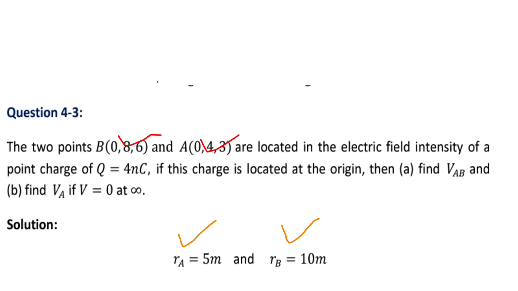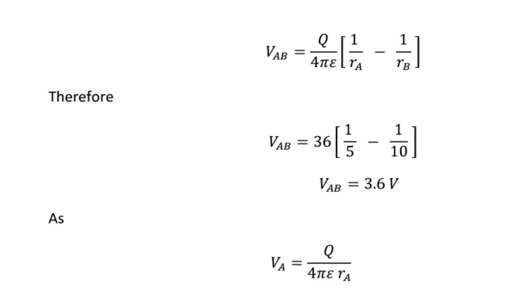We know that the potential difference due to a point charge is given by the first equation. So the voltage between point A and B due to the point charge will be equal to Q divided by 4 pi epsilon, here epsilon naught will come. We will assume that everything is in free space. Then we have 1 over RA minus 1 over RB.